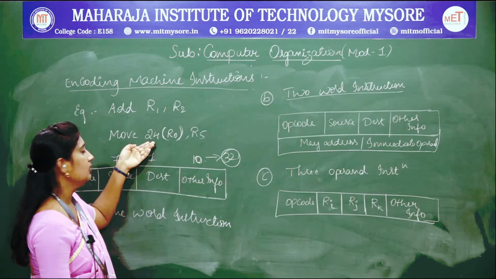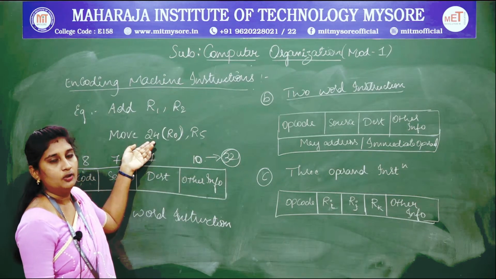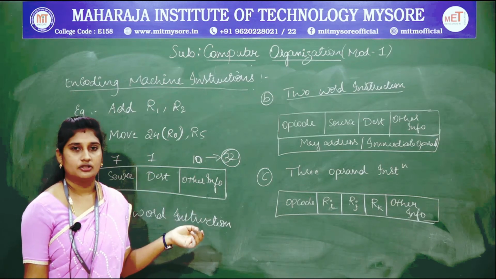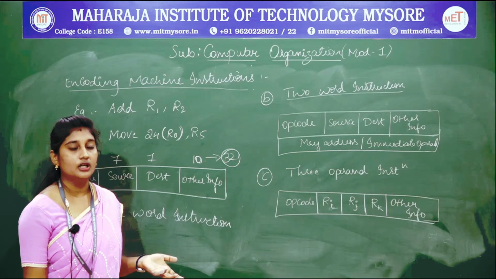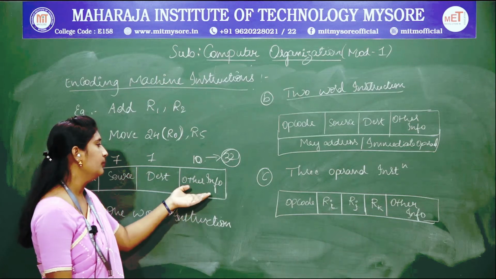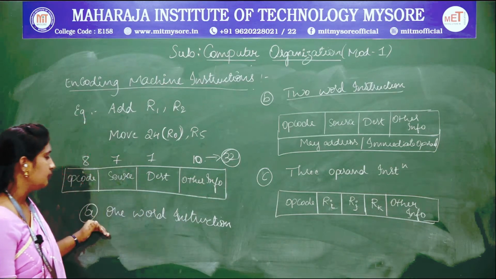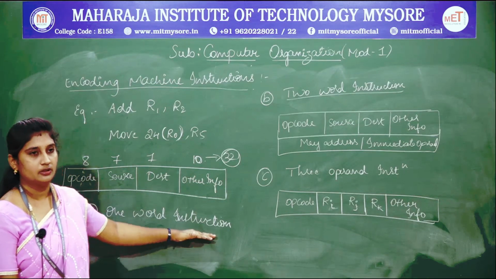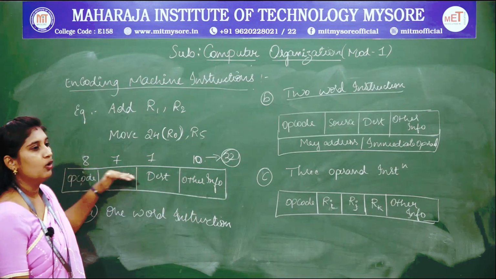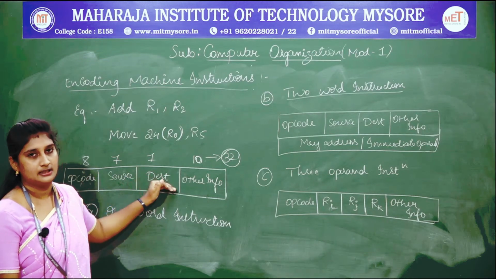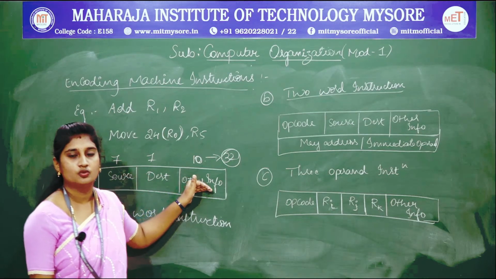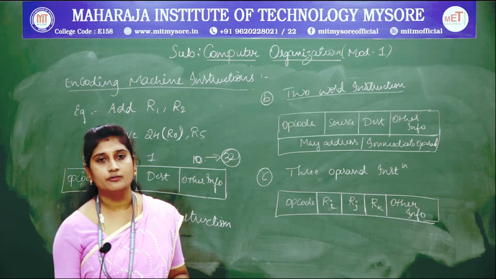Either it might be for immediate values present in your instruction, or any other information. You will reserve the last 10 bits for that purpose. So the general format for a one word instruction will be 8 bits for opcode, 7 bits for source and destination registers, and the last 10 bits reserved for other information.